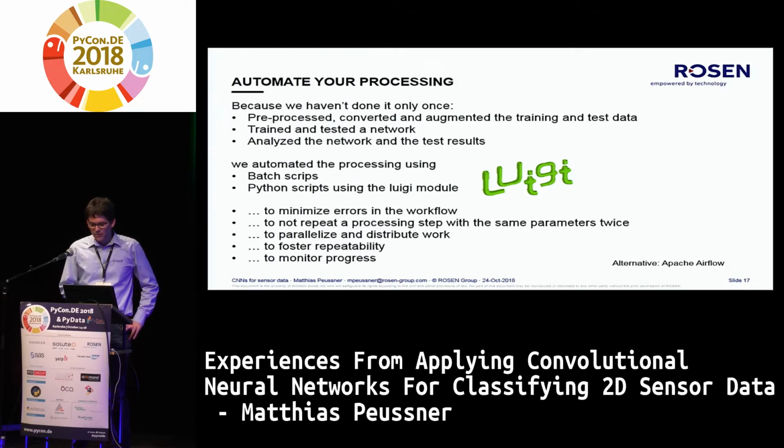Alternatively, maybe I haven't tried it out, but nowadays there's Apache Airflow. Maybe it could also be recommended. But at that time I used Luigi, and it was really fun to use.